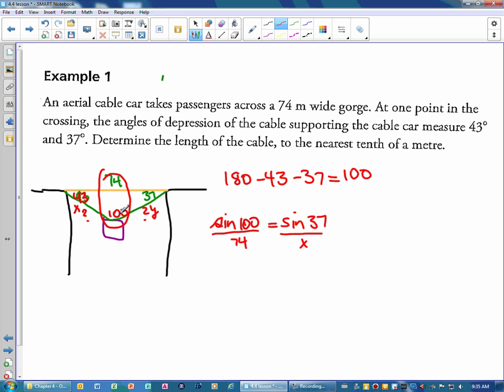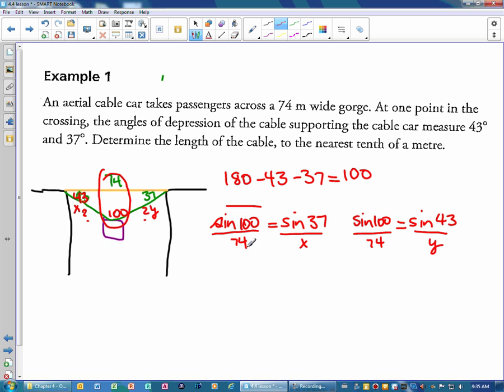I can also say the sine of 100 over 74 equals the sine of 43 over y. So let's go ahead and set that up as well.